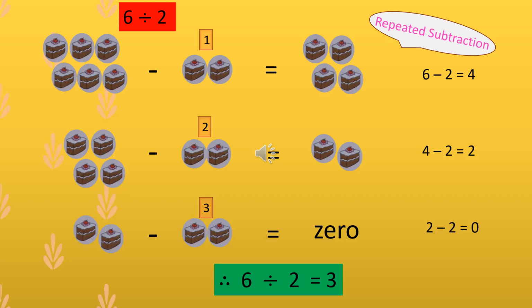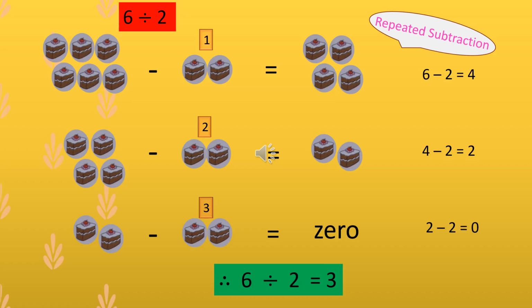So again, if I eat 2 pastries, how many will be left? 0. Yes, no pastry will be there then. Right? So 2 minus 2 equals 0. Now we got the answer. 0 means we have subtracted 2 many times from 6 and finally we reached 0.